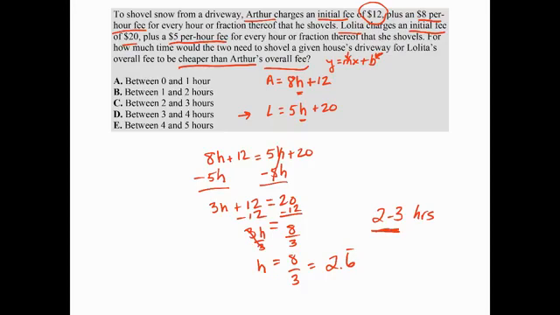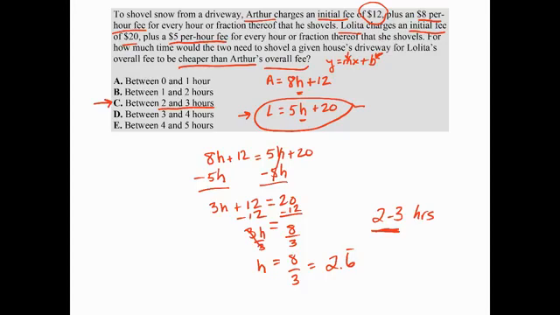If we go to our answer choices, they don't have exact numbers, they give us ranges. Here, it's C. Somewhere between 2 and 3 hours, Lolita's price will be cheaper. If we're going to be shoveling for more than 2.5 hours, we want to pick Lolita. She's ultimately going to be the cheaper price.